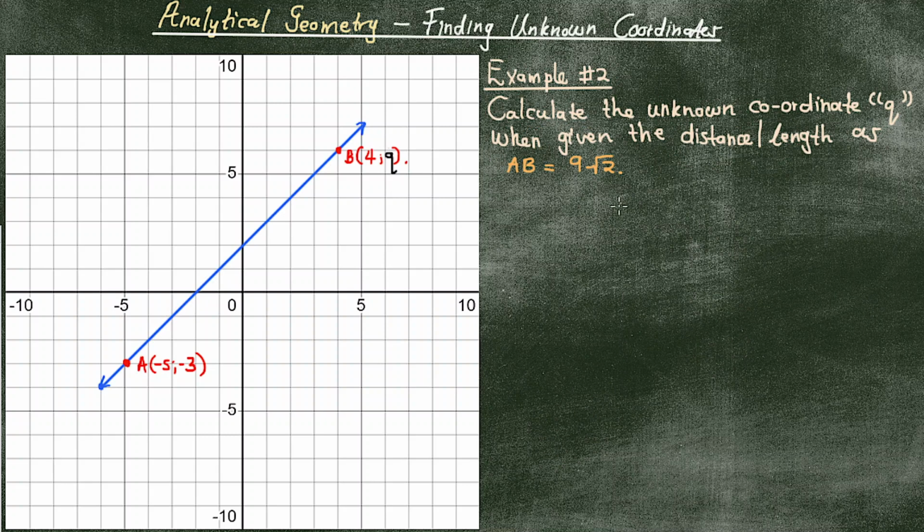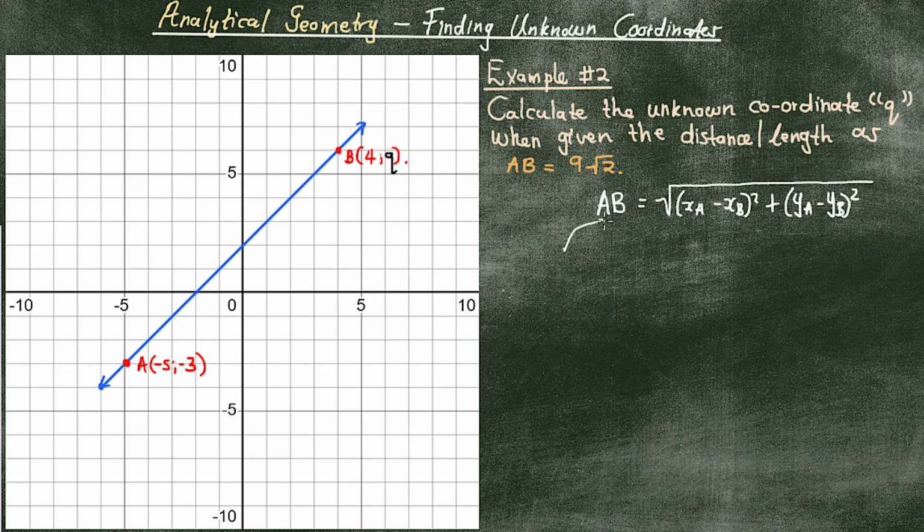So we know the distance formula: if you have 2 points A and B, the square root of XA minus XB squared plus YA minus YB squared is going to be equal to AB.